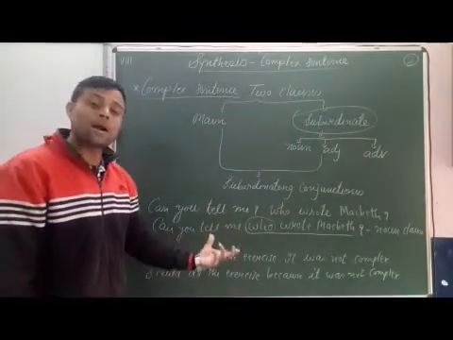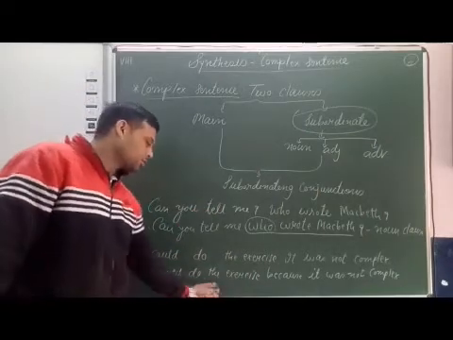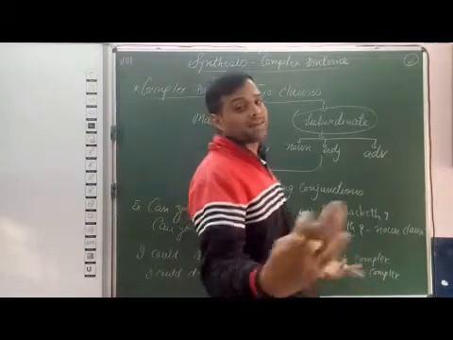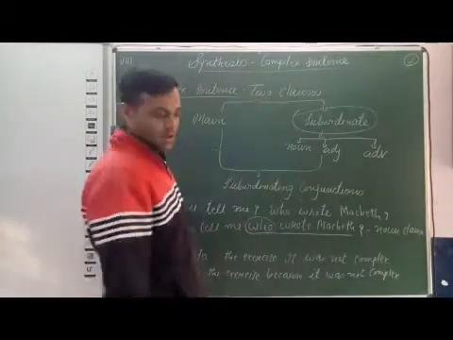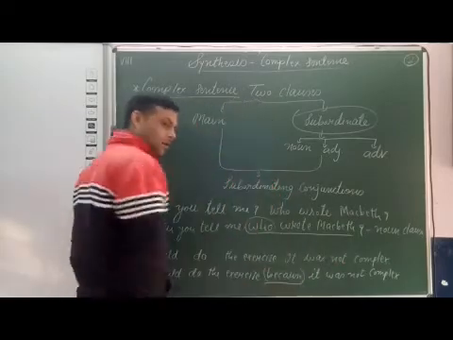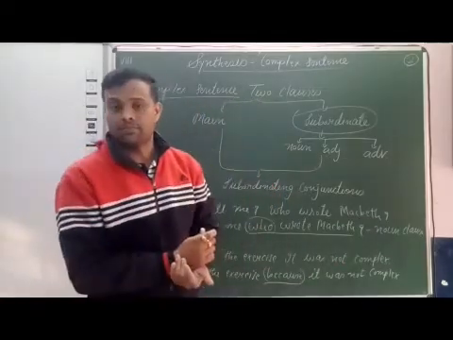See students, we have combined two sentences into one complex sentence. "I could do the exercise" is the main clause, "because it was not complex" is the subordinate clause. And both the clauses are joined with the subordinating conjunction "because". So this sentence is a complex sentence.